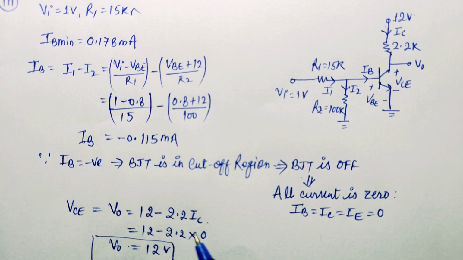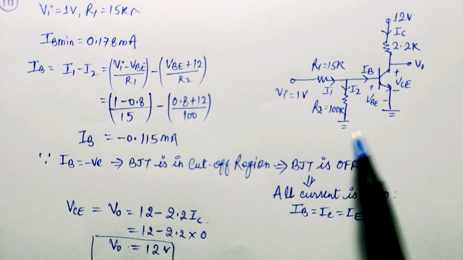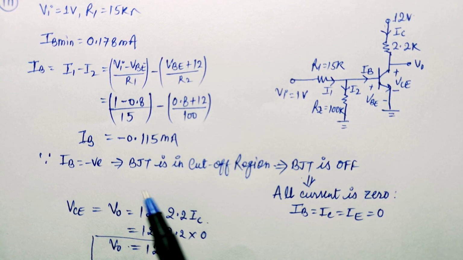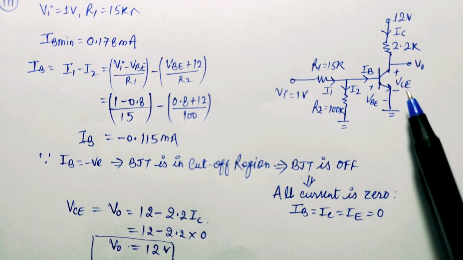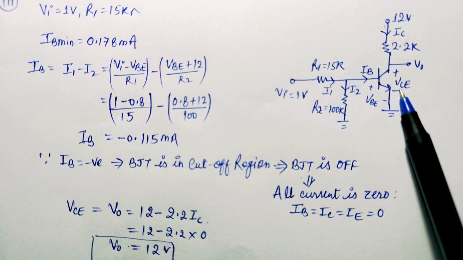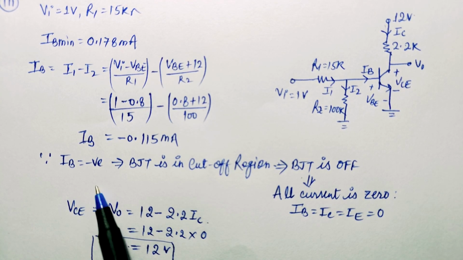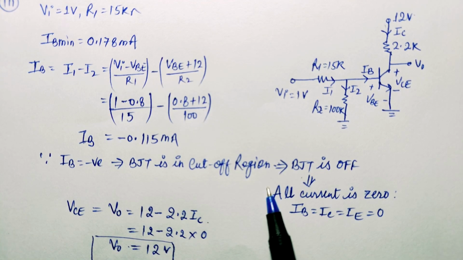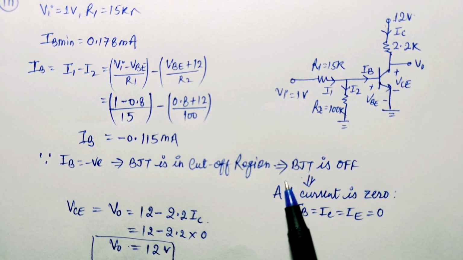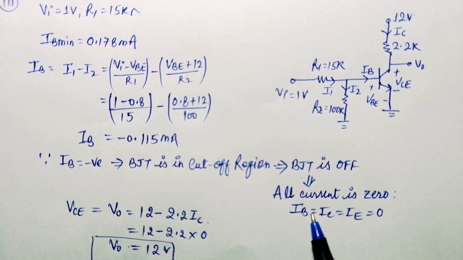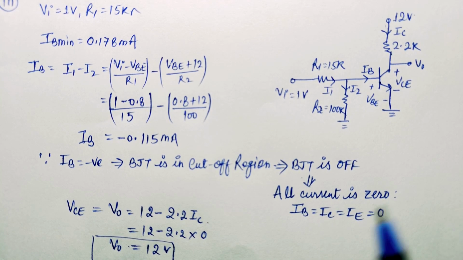If IB value is greater than or equal to IB minimum, then we can say that the BJT is working in saturation region. If IB value is less than IB minimum, then this BJT will work in active region. If IB is a negative value, as we can see in this third problem, then the BJT will be off. Then all the current values will be 0, and accordingly we can find out the parameter asked in the question.